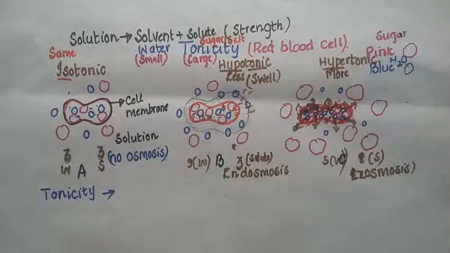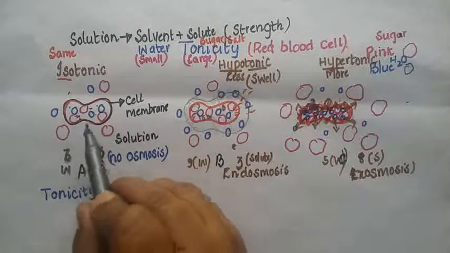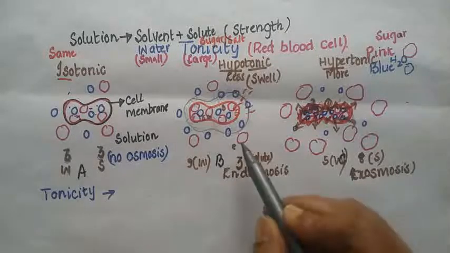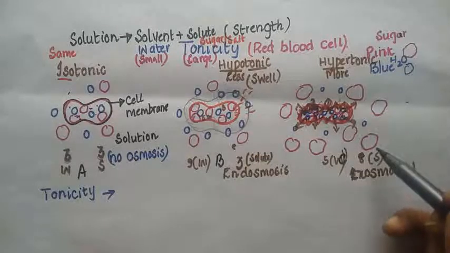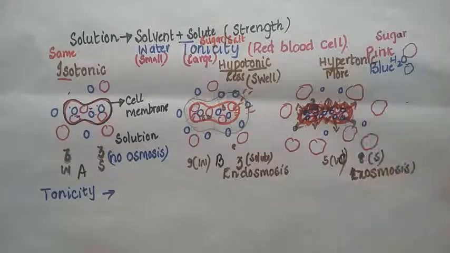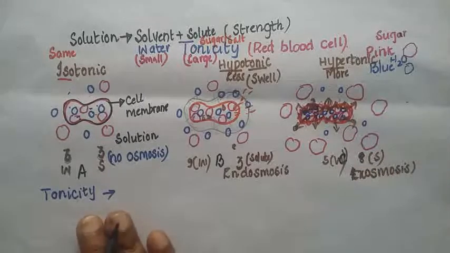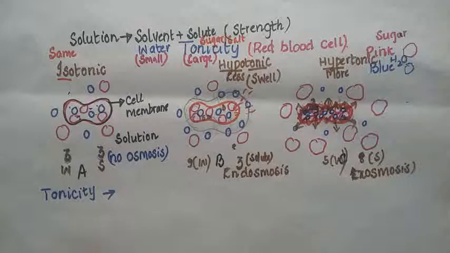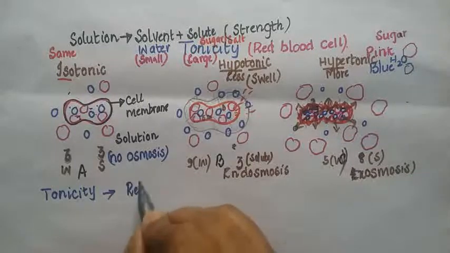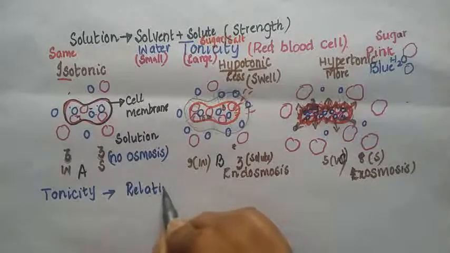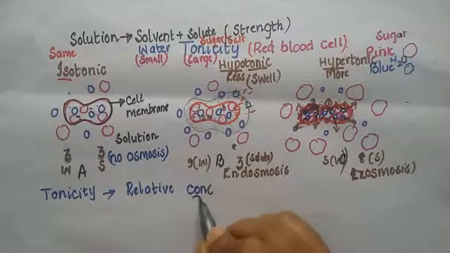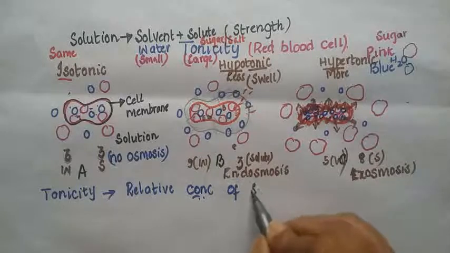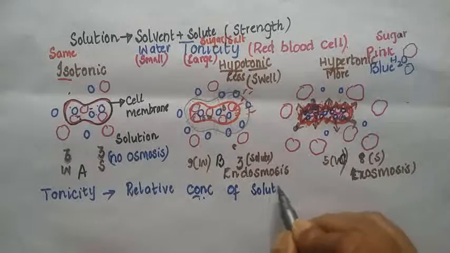Yes, children. In the first case, no osmosis. In the second case, there was an endosmosis. In the third case, there is an exosmosis. Right? So, how do we define the word tonicity? Yes, the relative concentration of solutions.